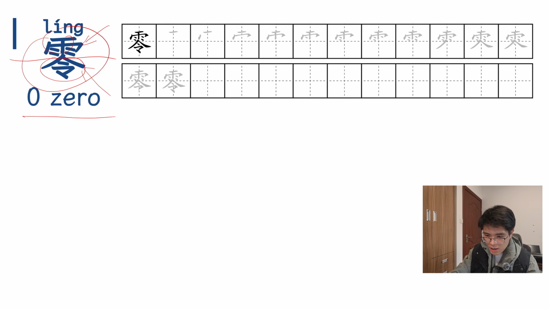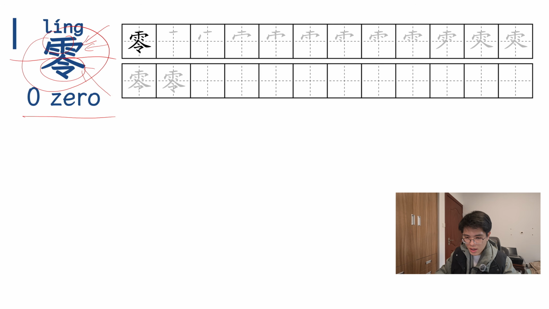So see the upper one, you can imagine a picture like the rain falling down, down, and until it is 0. And the lower part gives this word the pronunciation. So you can see 零 means 0 and 令 means order. They sound the same.